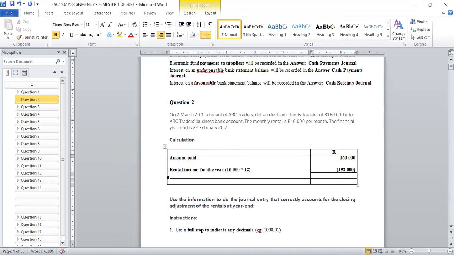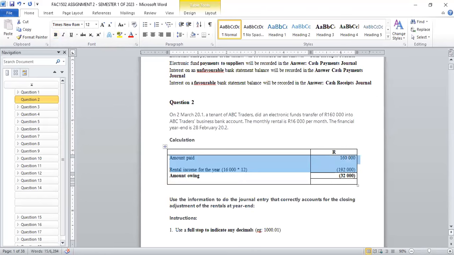Right. So the amount owing is the difference. That means the tenant underpaid this rent, which is the 32,000. So there is an underpayment of 32,000.